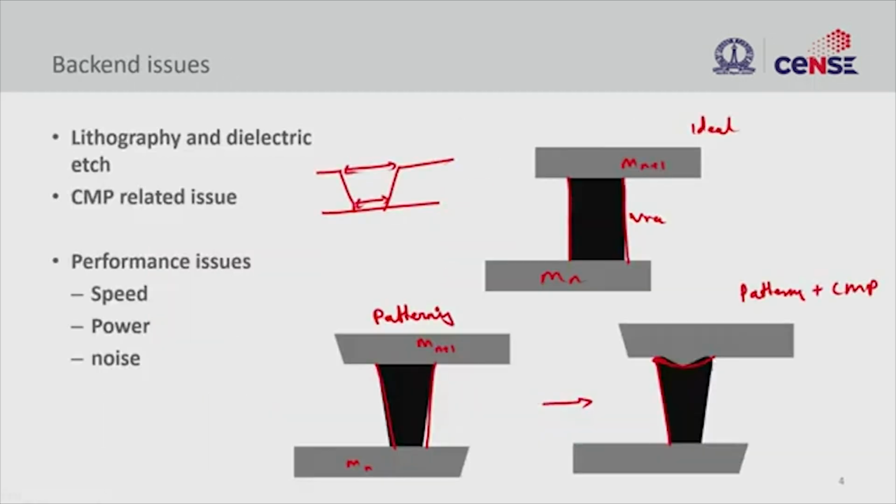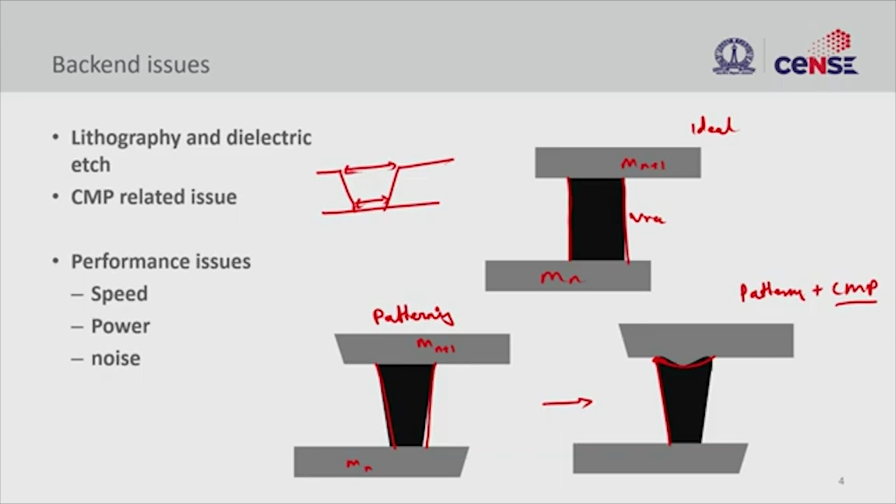When you over polish, it is going to create dishing, and this dishing is again going to reduce the total resistance that you actually get out of this particular via. These are all structural changes. Instead of a very simple via hole, you have a tapered profile, and not just a tapered profile, but you also have dishing.